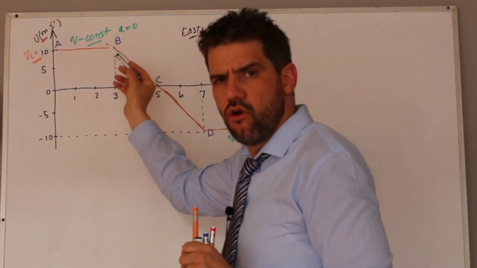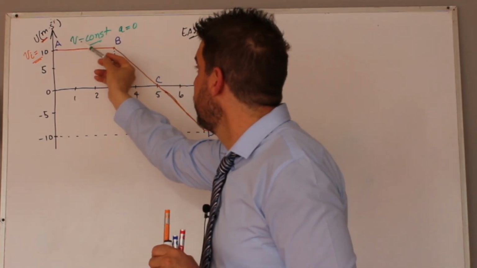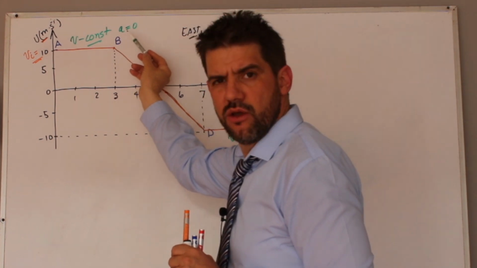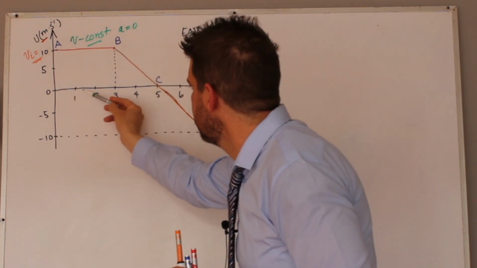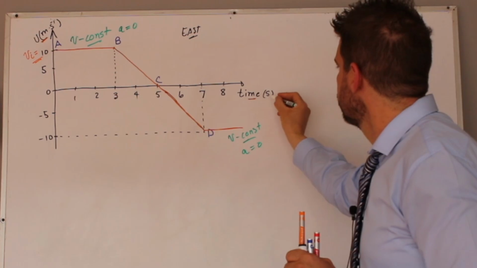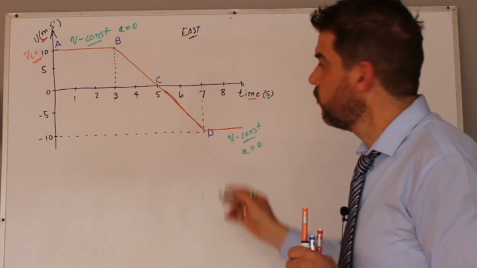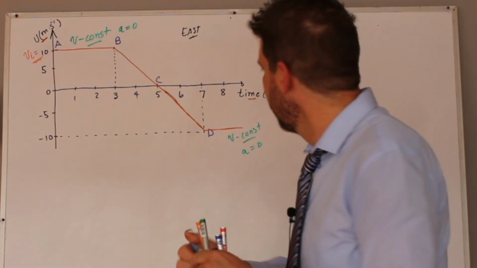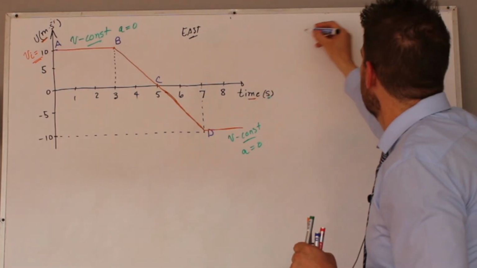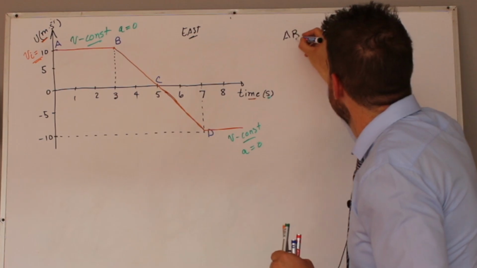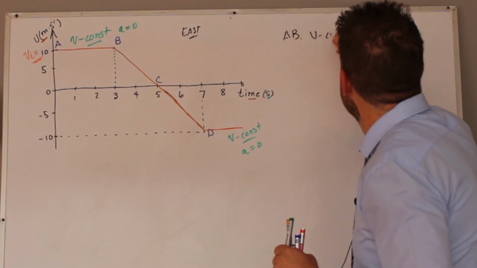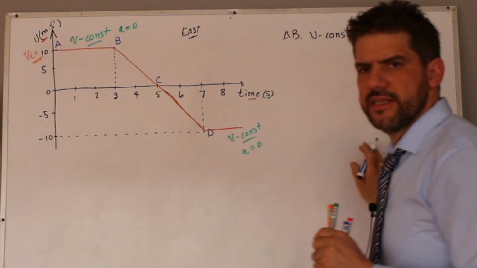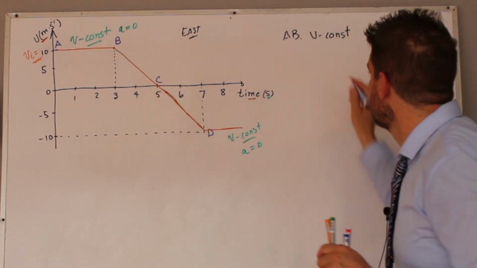Now, for how long was the velocity constant and the acceleration equal to 0? If you go to the time axis, the graph is in seconds. So for 3 seconds, velocity was constant. That is what the question asks. So we can come here and write, for instance, AB: velocity constant. That is part of the explanation here, guys.